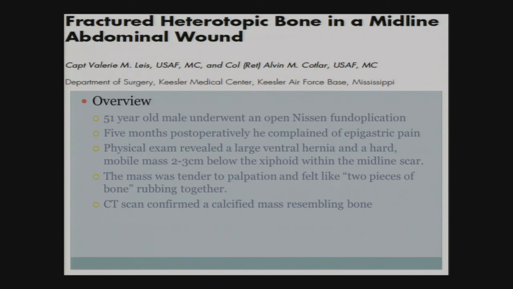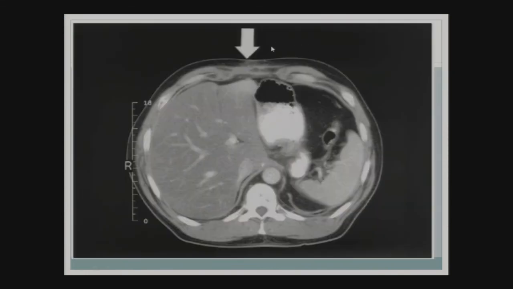His physical exam revealed a large ventral hernia and a hard mobile mass 2 to 3 centimeters below the xiphoid within his midline scar. The mass was tender to palpation, and per the patient, it felt like 2 pieces of bone were rubbing together. They also obtained a CT scan, which they note here.